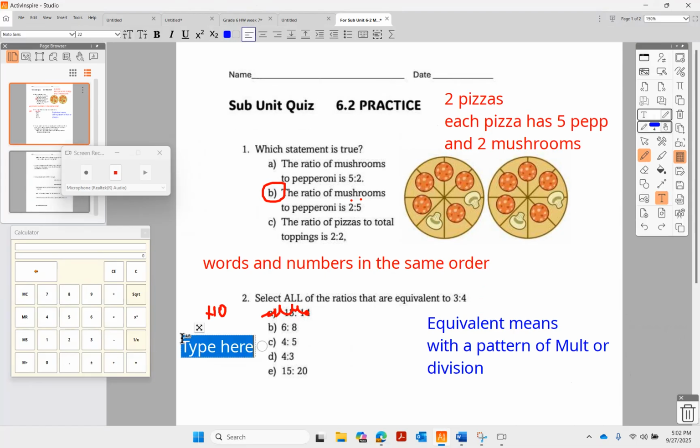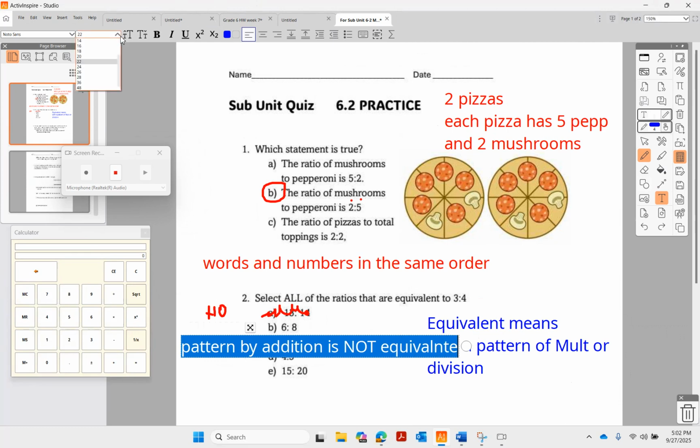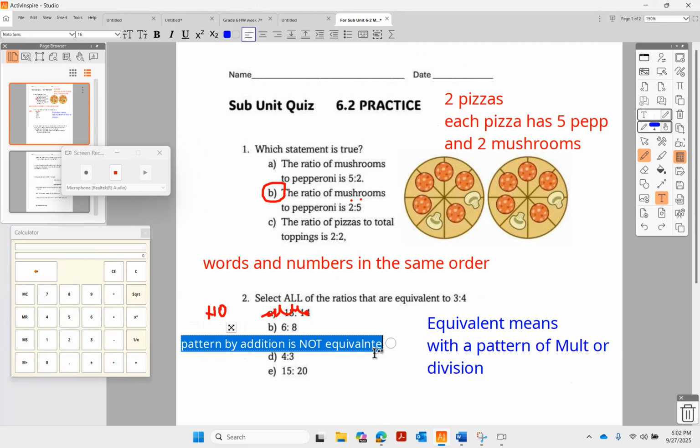That is a pattern by addition is not equivalent. And if you can't see that, let's make that smaller. See, I don't have stuff to write. So let's put that there. Let's change that. In case you want to take some notes, that should be purple now. Okay, there we go.